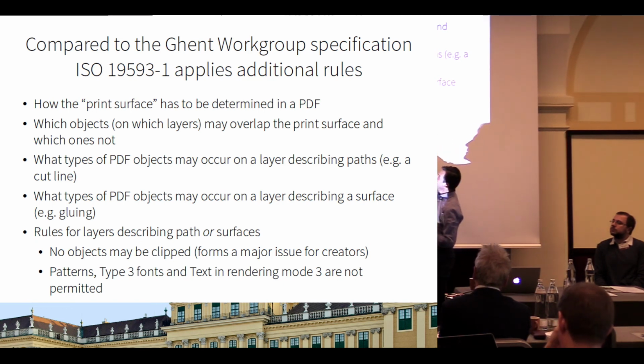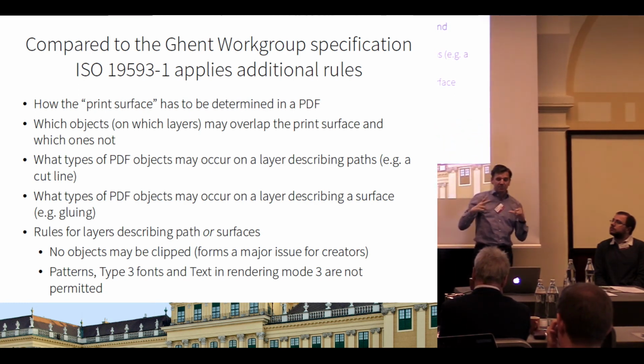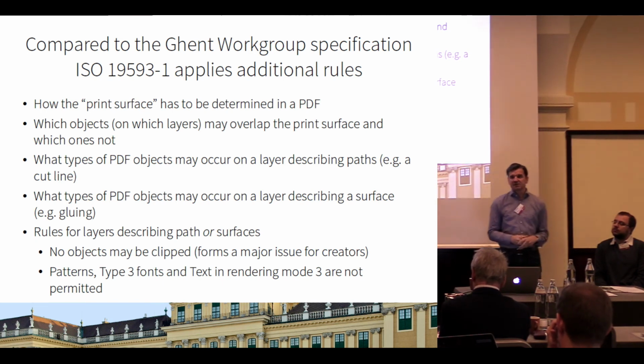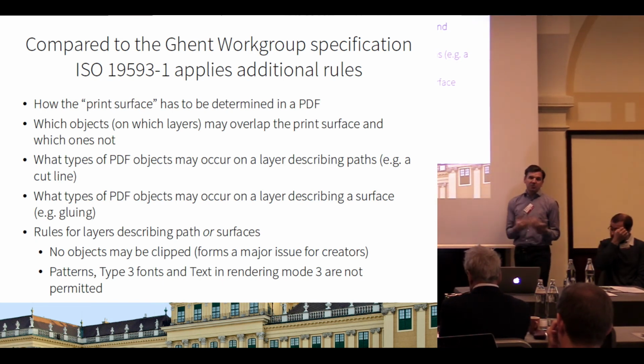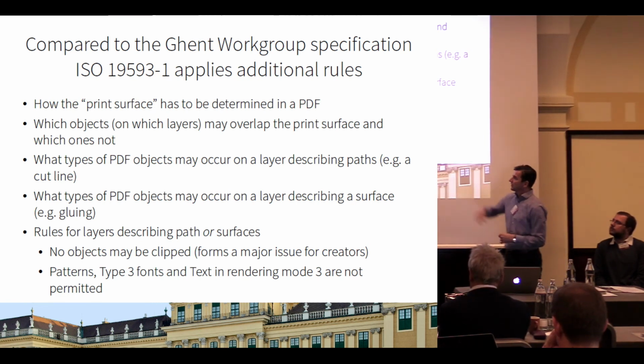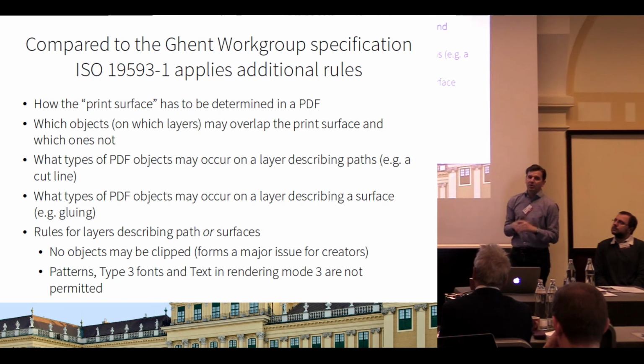Any content on processing steps layers that is for path or surface must not be limited by any clipping path. And that is actually a major requirement, because from a PDF point of view, it's really difficult to find out whether an object is clipped or not.